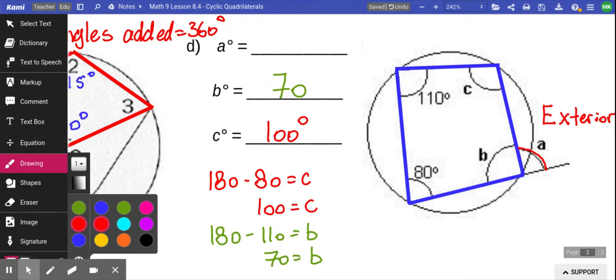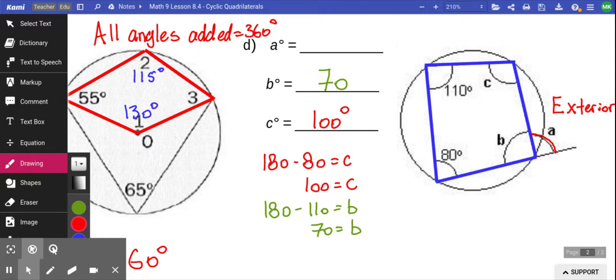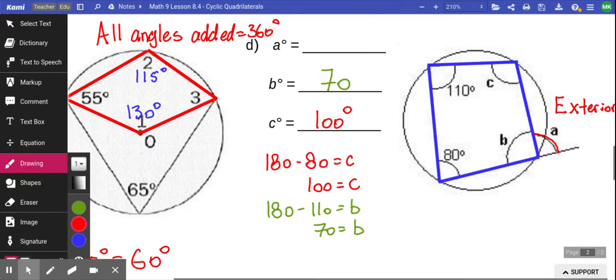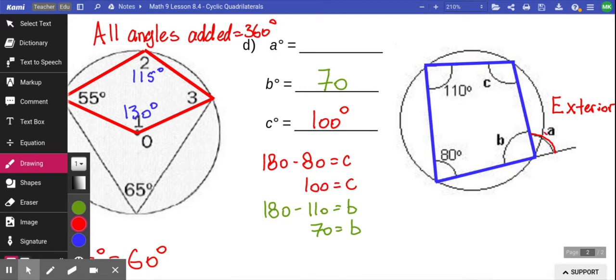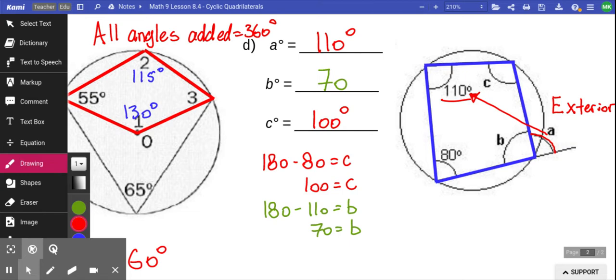We learned that exterior angles are equal to the opposite interior angle. So the opposite of the interior for angle A, opposite means you're going across, and now I want to go to the inside. That means 110 degrees is my opposite interior angle to that exterior angle.